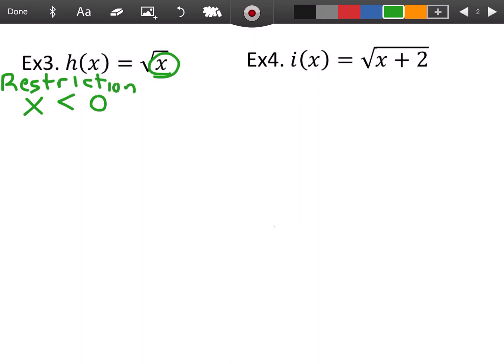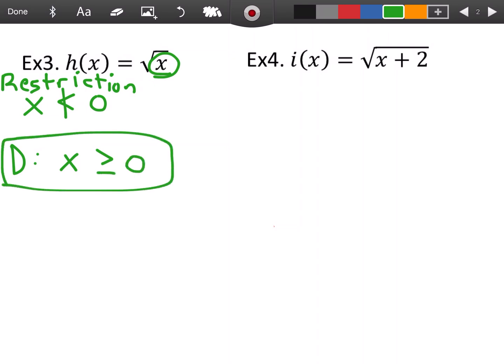And so our restriction is that this can't happen. We cannot have numbers that are less than 0. So x cannot be less than 0. So that means our domain is going to be all the x's that are greater than or equal to 0. 0 can happen. Numbers that are to the right of 0 can happen. But negative numbers, square root of a negative is not a real number.